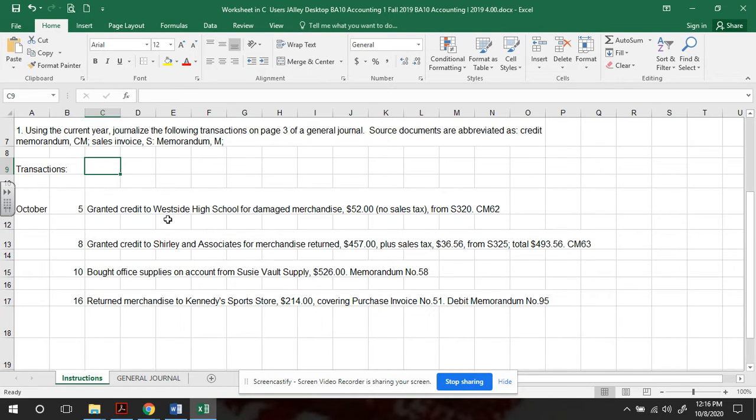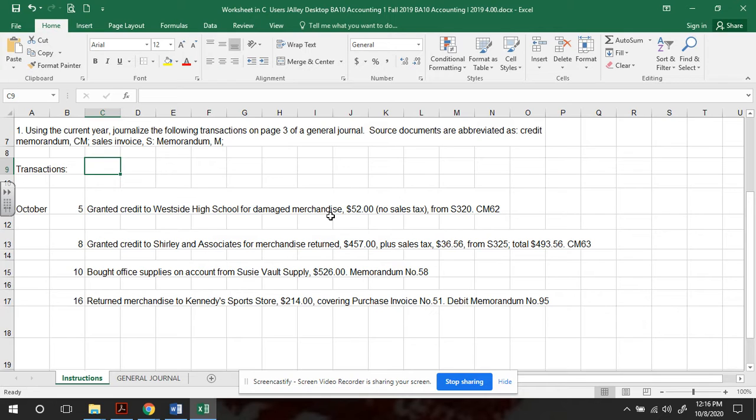We learned yesterday that schools are tax exempt, so there's no tax for this transaction. But when they bring this merchandise back to us, it's damaged, and we have to take it out of sales, and we have to put it back in our inventory.